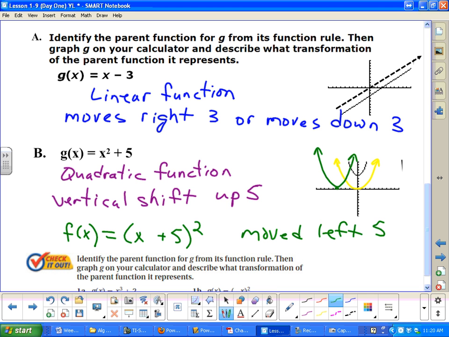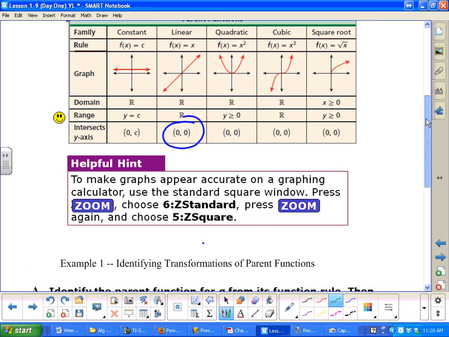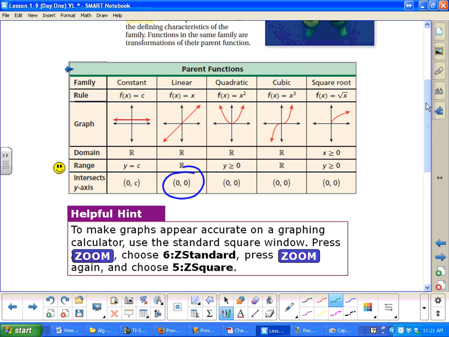Okay, if it's on the outside of the function, in other words, if it's added to or subtracted from the parent function, so that means if I have x plus something, or x squared minus something, or x cubed plus or minus something, or the square root of x plus or minus something, okay? Those are all vertical changes.